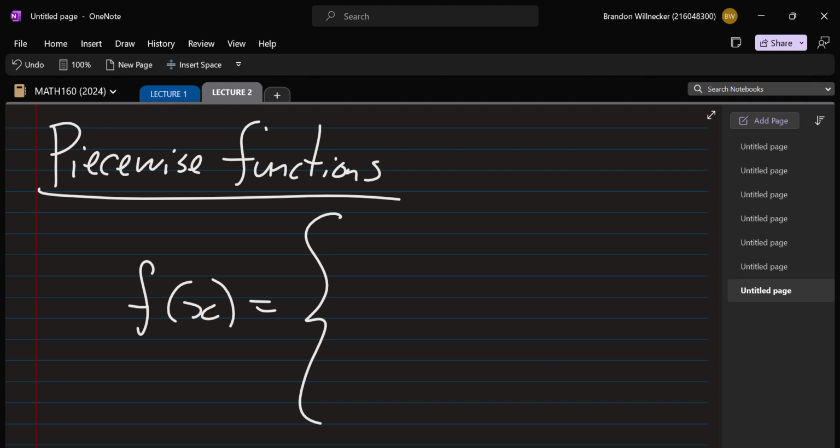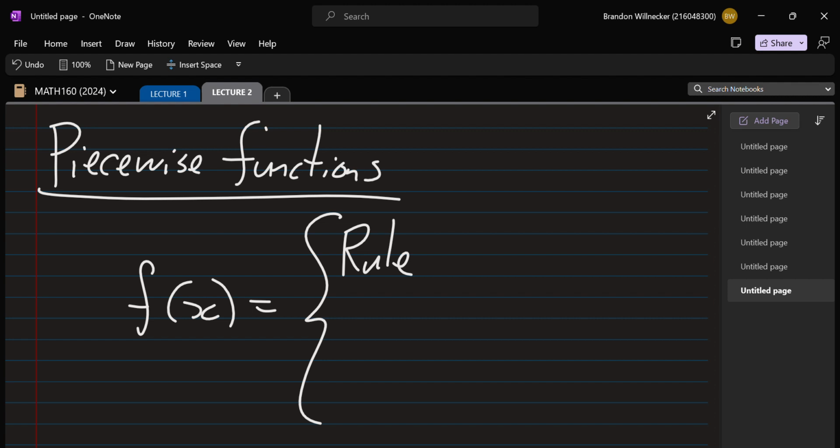The rules do not mix domains. Rule 1, domain 1. Rule 2, domain 2, they never mix. And by rule, I mean whatever function you want to put there: square root x, 3x plus 1, sine of x.